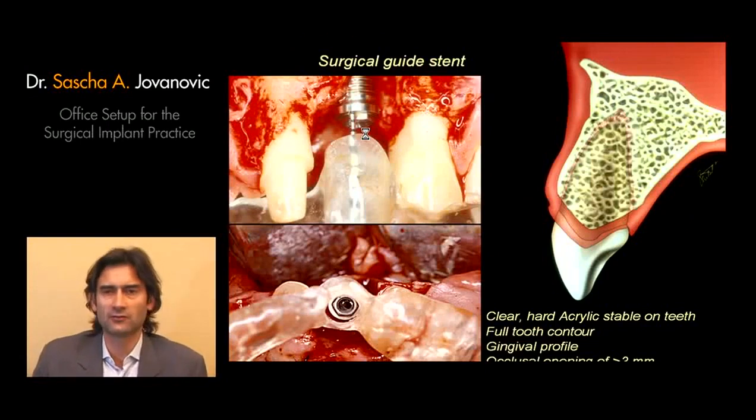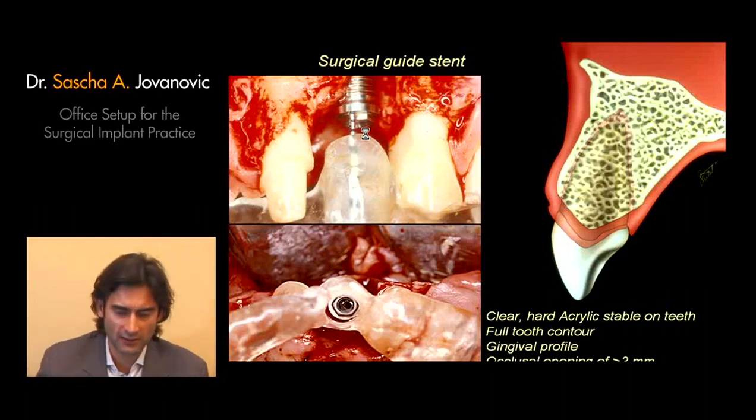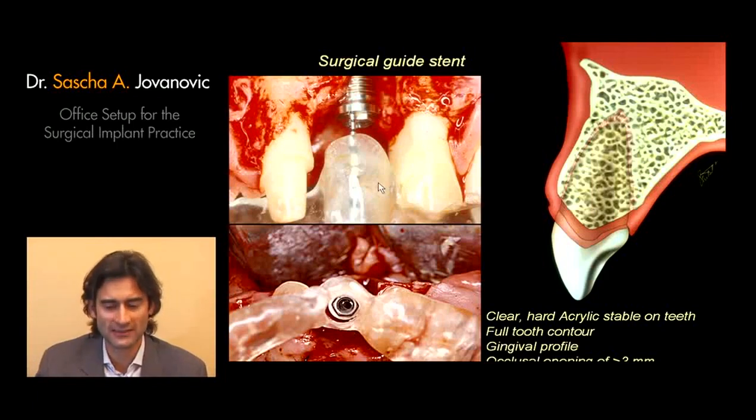This is even a more critical one, because this particular case now is a surgical template done for a canine position, so it would definitely be an aesthetic position. And you can see how here my team member has done what I say, clear, hard acrylic stent, which is stable on the adjacent teeth.